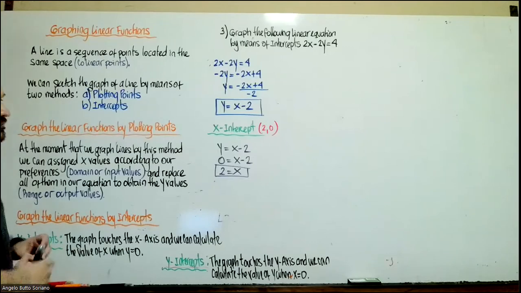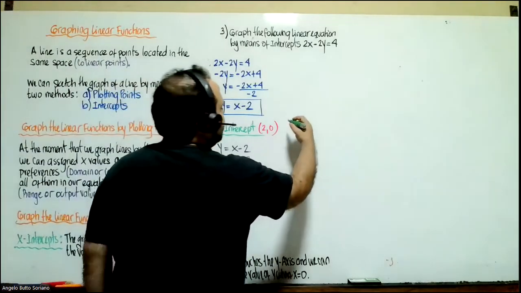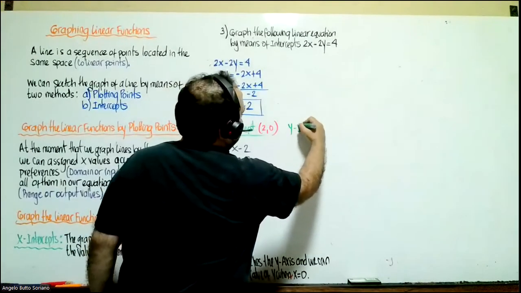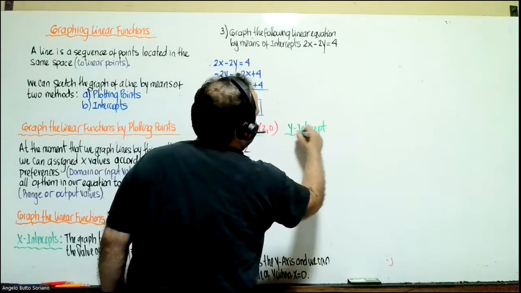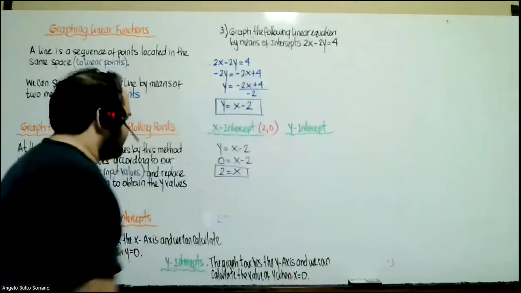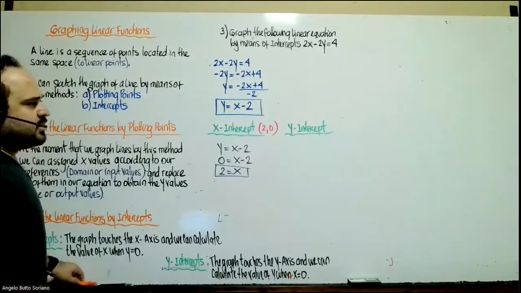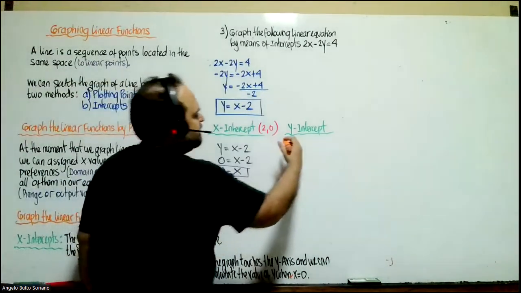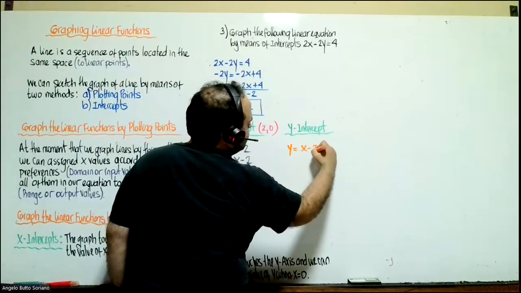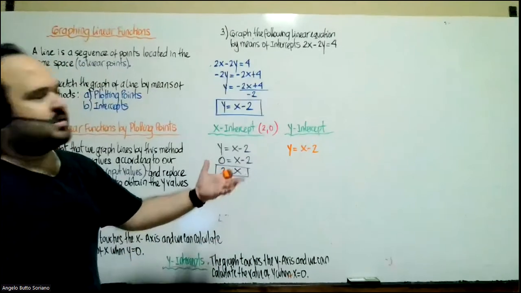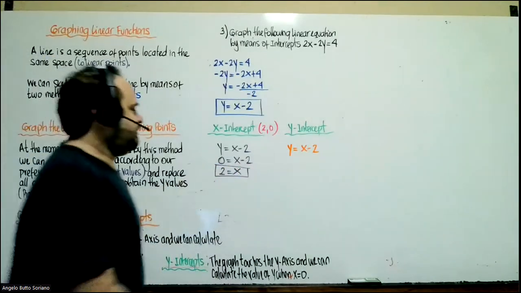Now, the y-intercept. Again, you can copy the same equation, y equals x minus 2, and this time we must replace the letter x by 0.